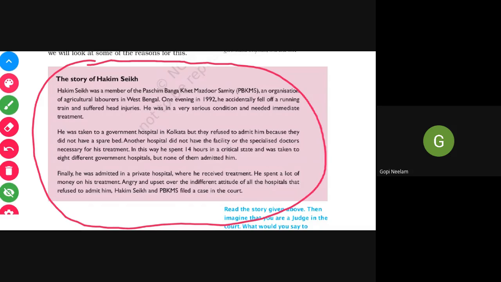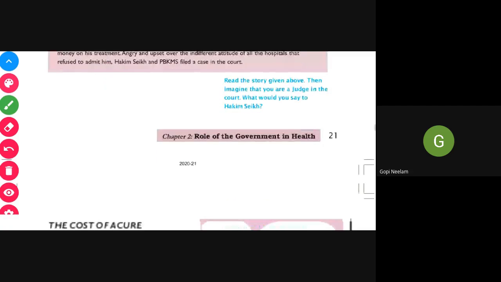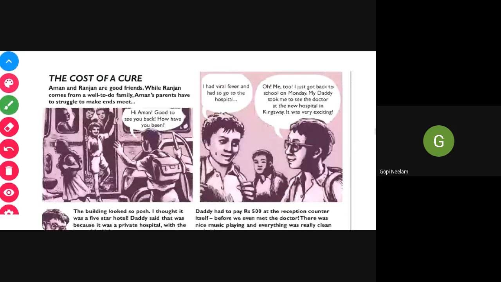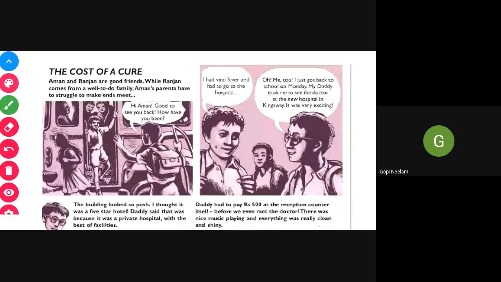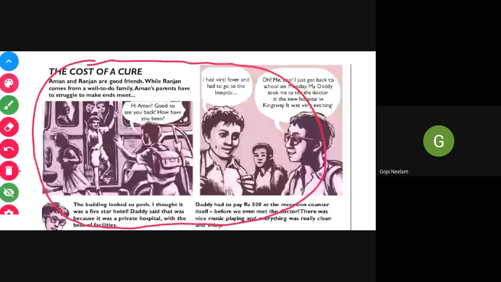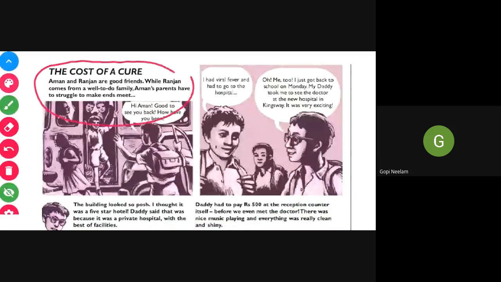Okay, after this, we also had a discussion about another story, which is the cost of a cure, right? This story is all about two students, Ranjan and Aman. Ranjan comes from a well-to-do family.